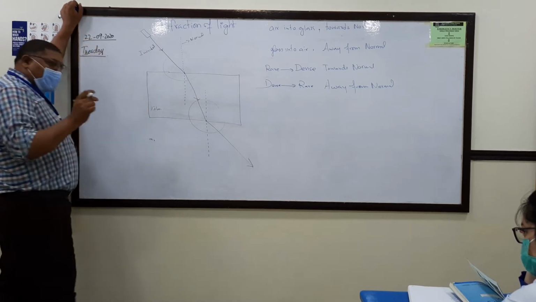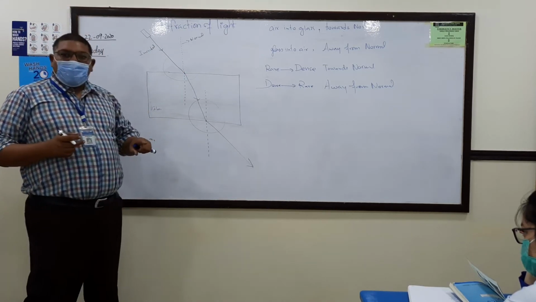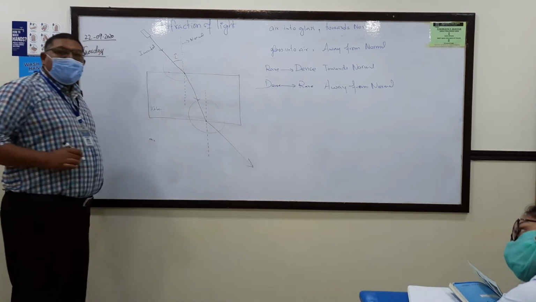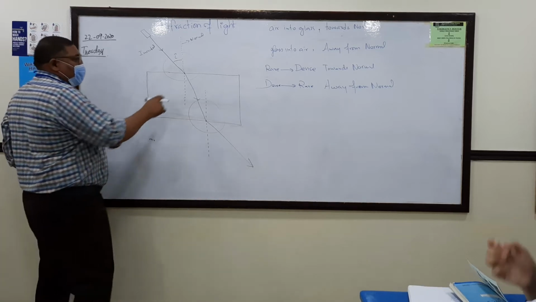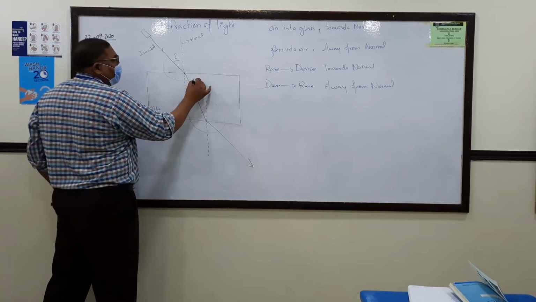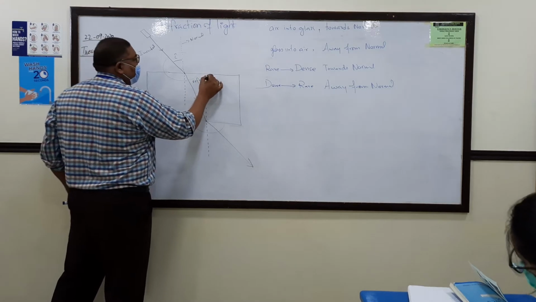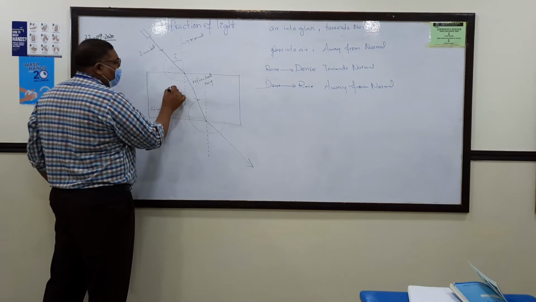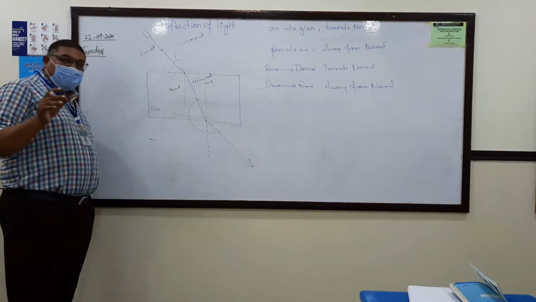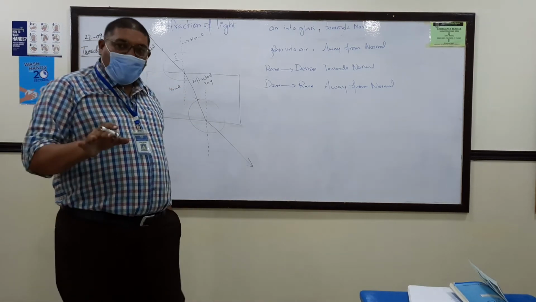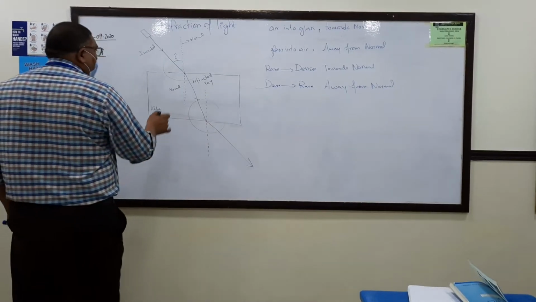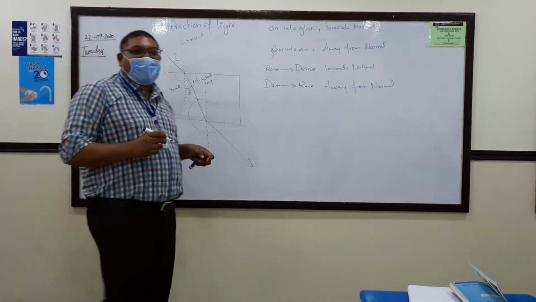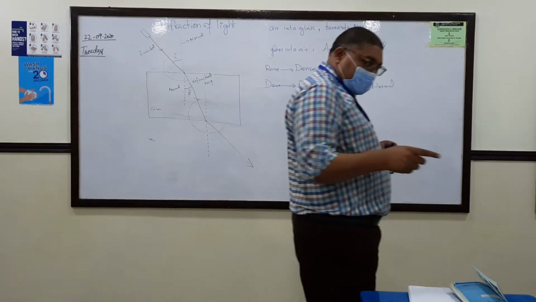And the angle between the incident ray and the normal is called the angle of incidence. Here, this ray is called the refracted ray, and this is that normal. So the angle between the refracted ray and the normal is called the angle of refraction. So this is the angle of incidence, this is the angle of refraction. You understand that?